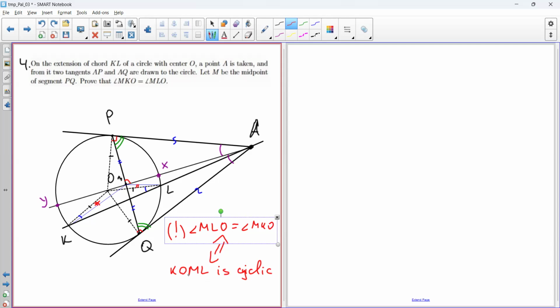So we must prove this statement in any form of the statement. So these points must lie on the same circle.